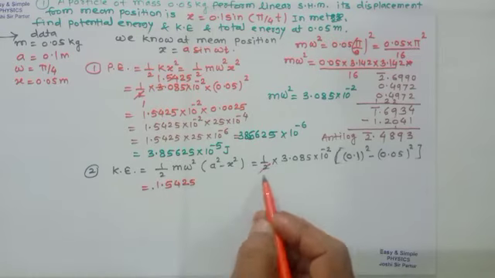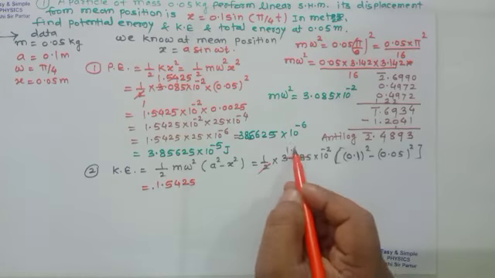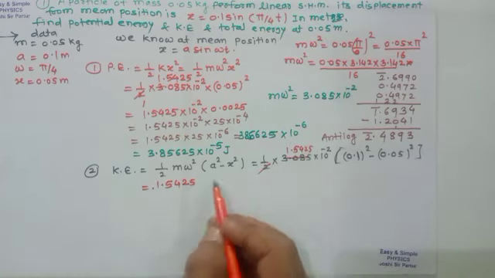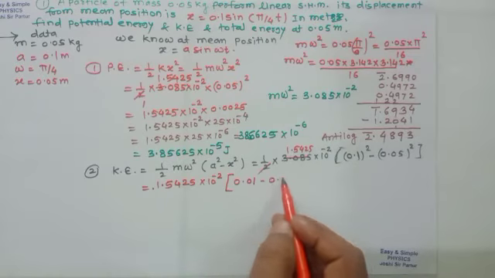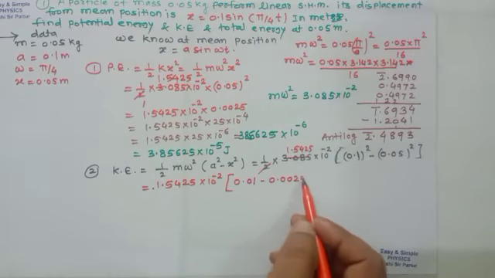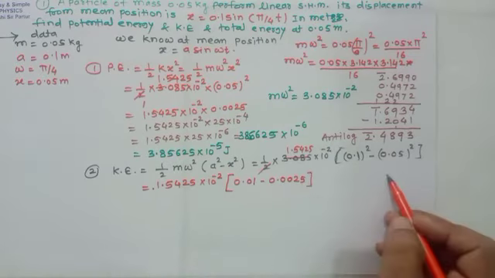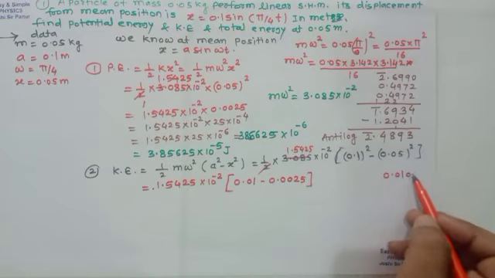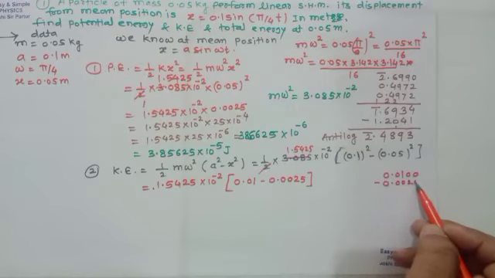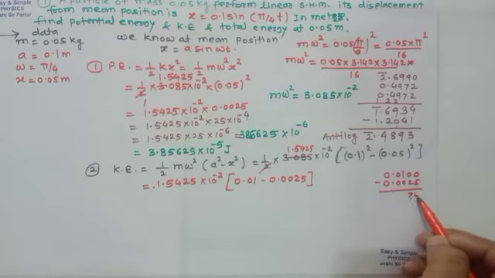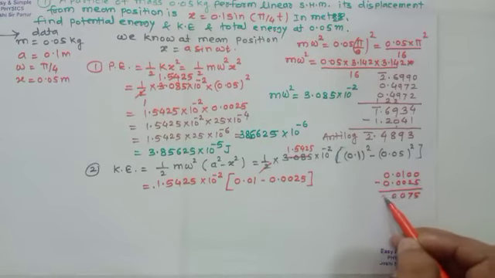Again, kinetic energy will be 1.5425 because 2 on the 2 and there 1.5425 into 10 to the power minus 2 square bracket. It will be 0.01 minus 0.0025. If we can subtract 0.0100 minus 0.0025, its subtraction will be 0.0075.